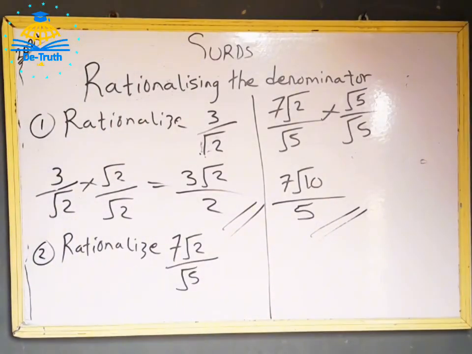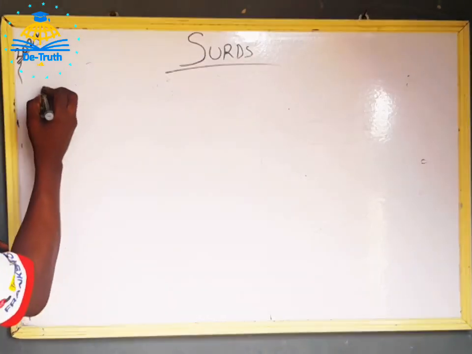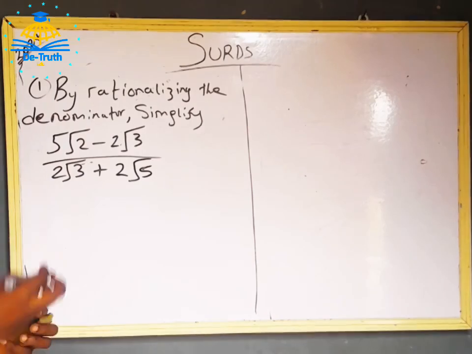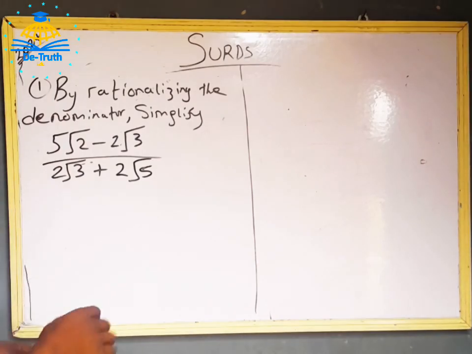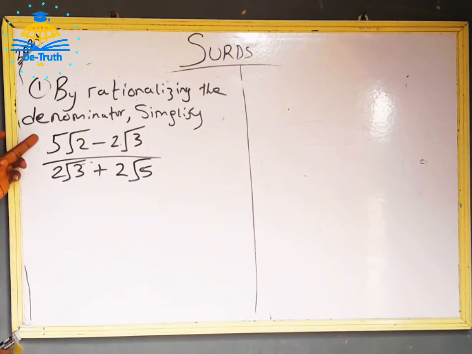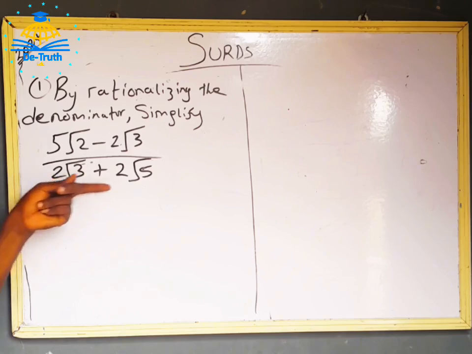If I rationalize this, now let's check this example. What are we going to do? We simply multiply the numerator and denominator by the conjugate of this denominator.